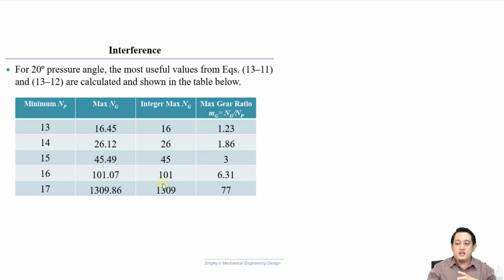So if you want to have a large gear ratio, we need to have a larger number of teeth for the small gear, the pinion.